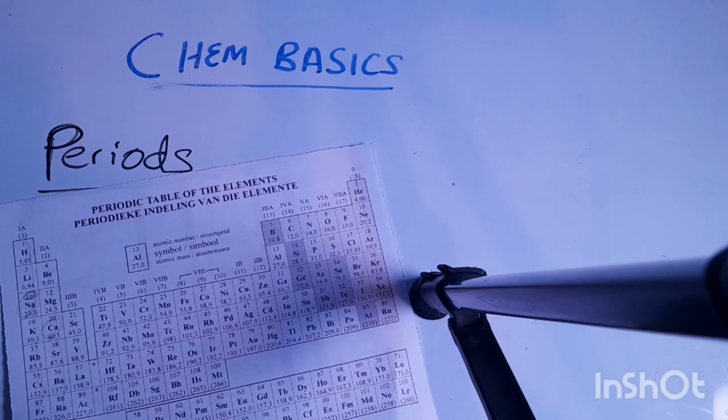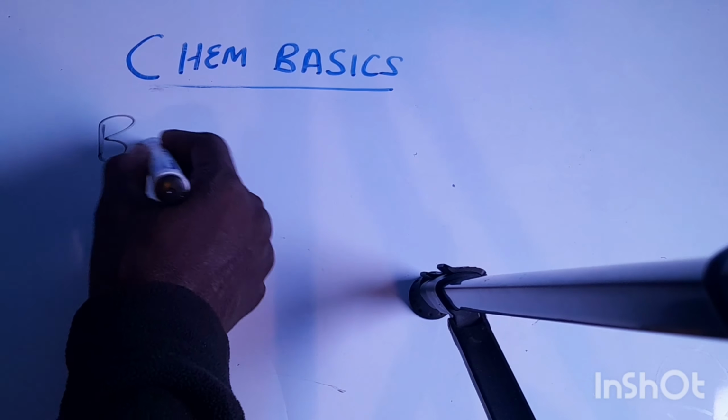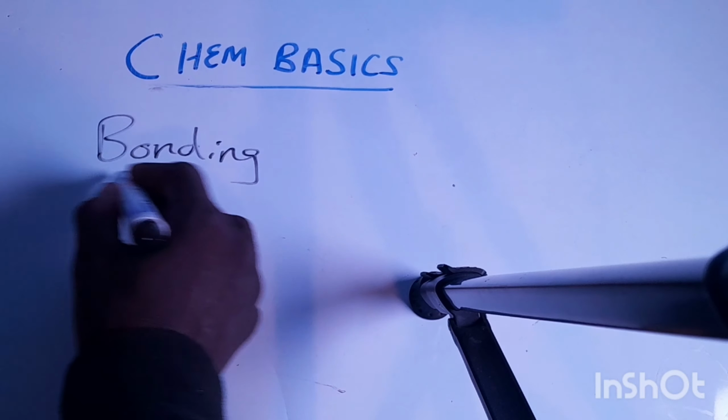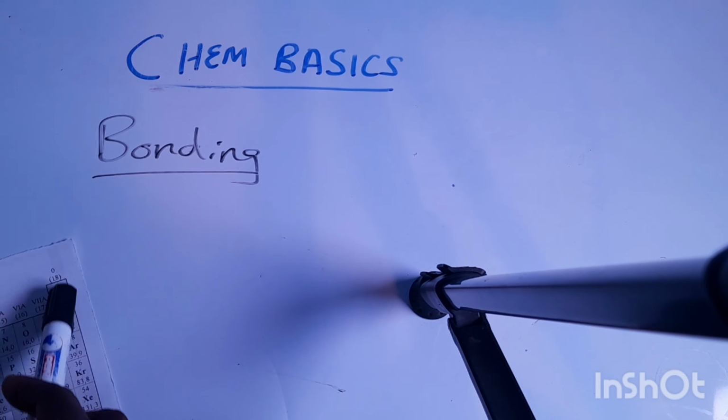Having said that, let me go into deeper detail about these periods and groups and how we get bonding. What happens with bonding? As I explained, elements need to bond so that they can become stable, except those in group 8.